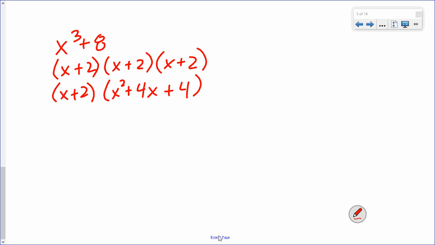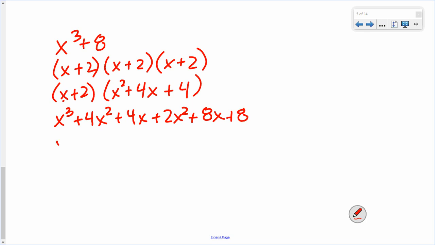And then I've got to multiply x times every term, so I get x cubed plus 4x squared plus 4x, and then I'll multiply 2 by every term, 2x squared plus 8x plus 8. Okay, and I get x cubed plus 6x squared plus 12x plus 8.